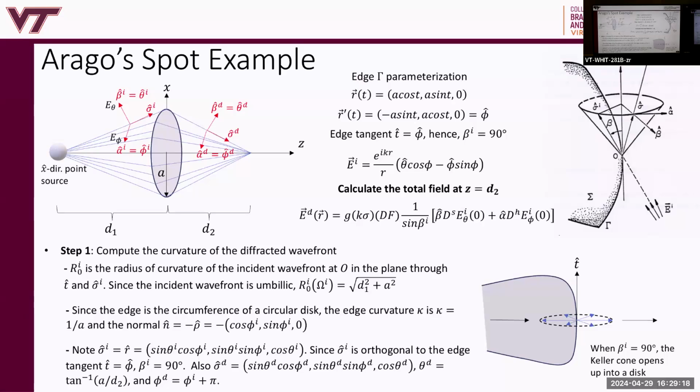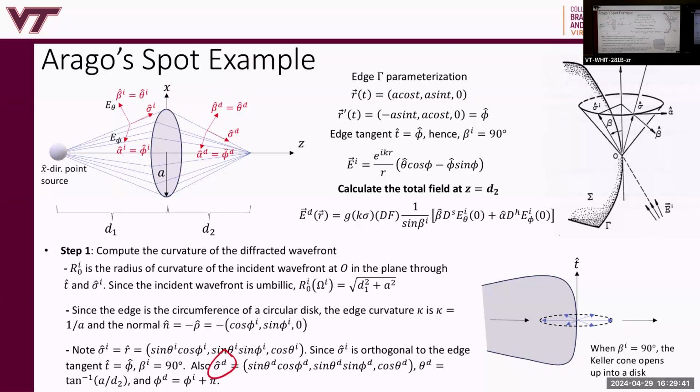All right, now sigma incident is orthogonal to the edge tangent. So here's sigma incident, and the edge tangent is coming out of the board there. So they're orthogonal, so the angle between them is 90 degrees. That means beta incident is 90 degrees, and we'll need that later.